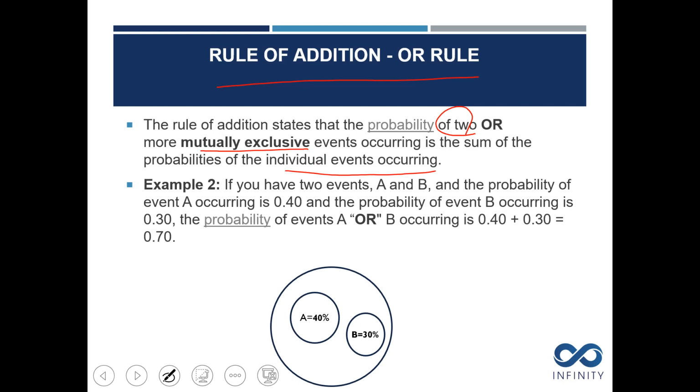Say event A has a 40% probability of occurring and event B has a 30% probability. The probability of event A or B happening is just the addition of both probabilities. You just add the probabilities of the two events.